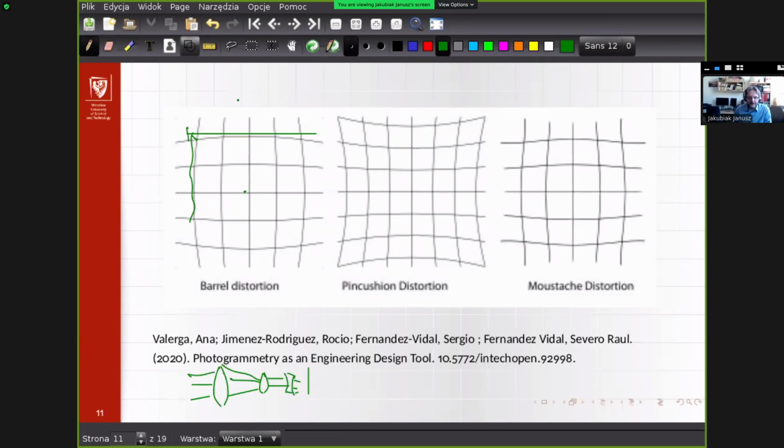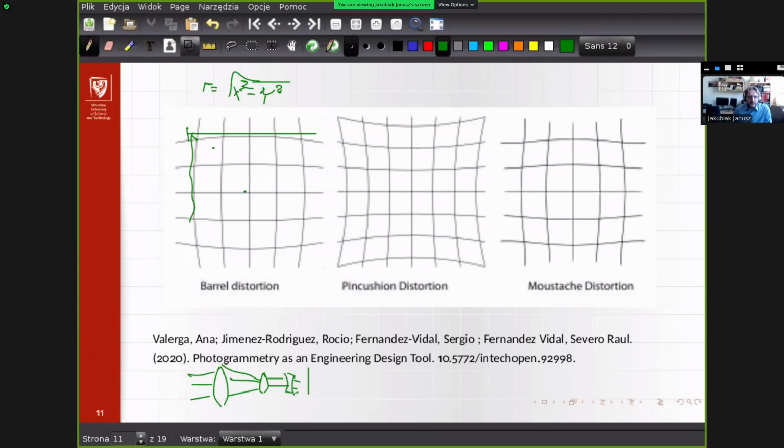So we get a distortion that depends on the distance, like the square root of x squared plus y squared, where the distance is smaller than it should be.